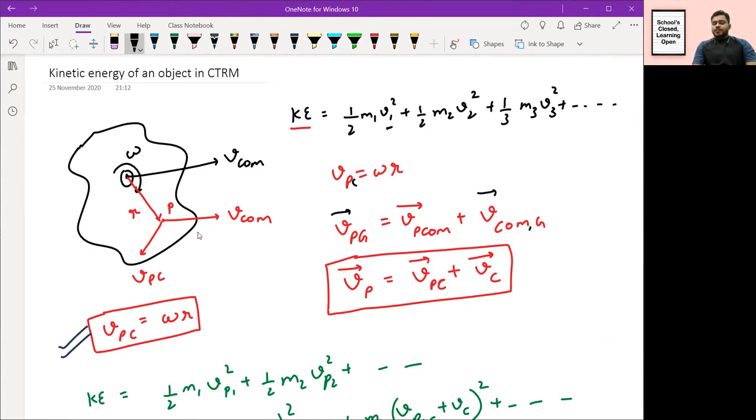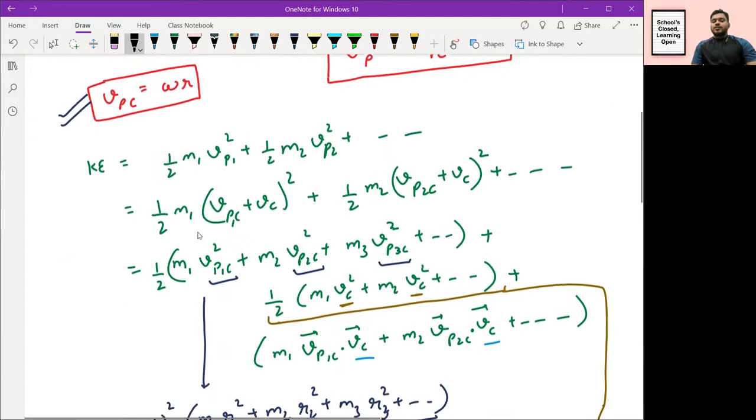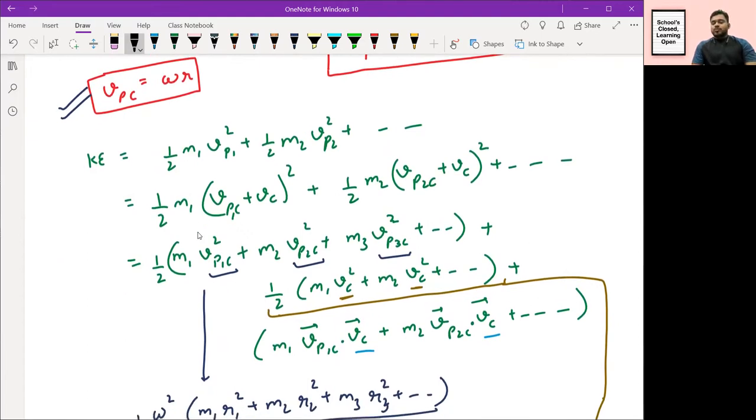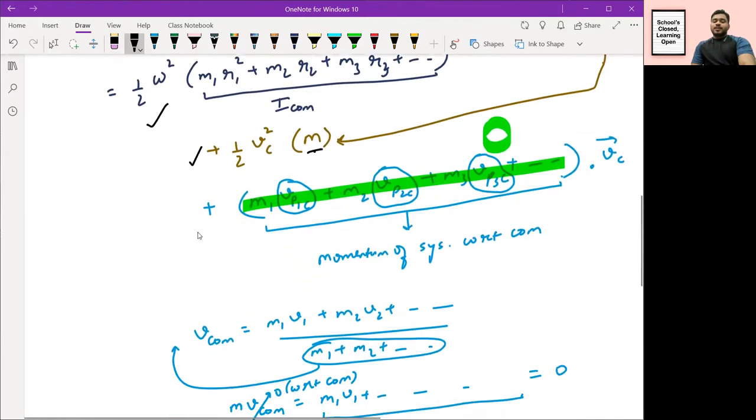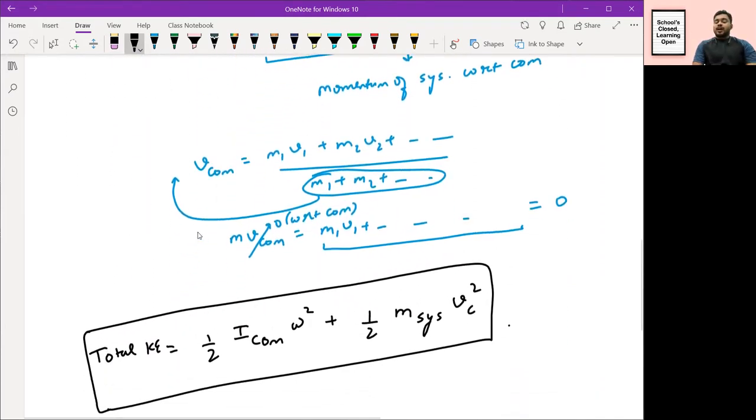So we got Vp, the net velocity of any particle. Now we just used this and applied it in the basic definition. We reduced it to this expression, and we solved it to find that the third term is coming out to be zero, giving us the desired result that total kinetic energy is half I_CM omega square plus half m into V_CM square. This is the total kinetic energy of a system.